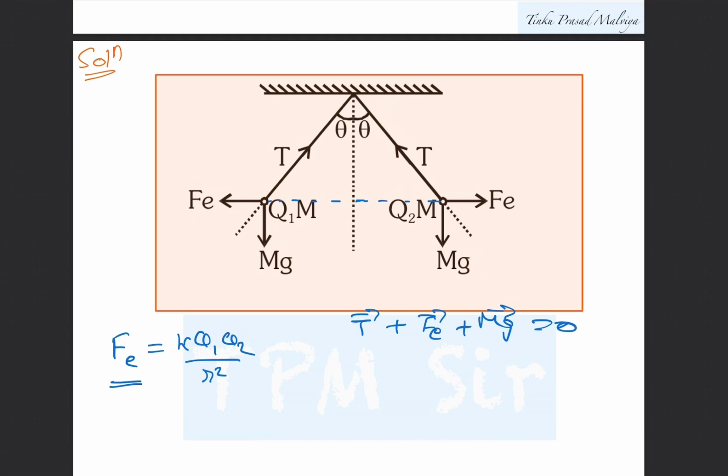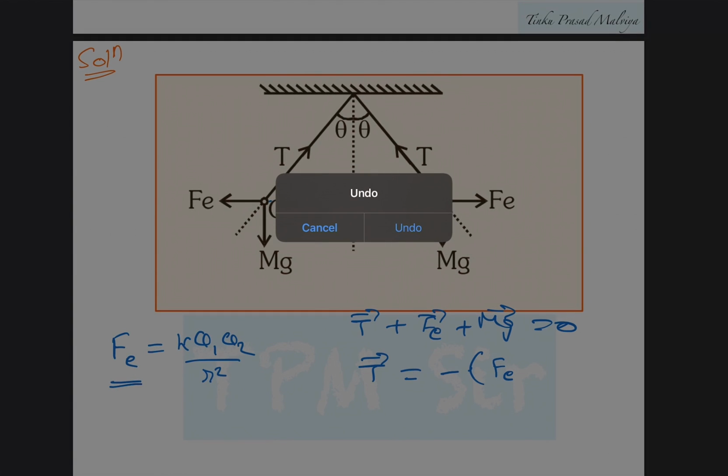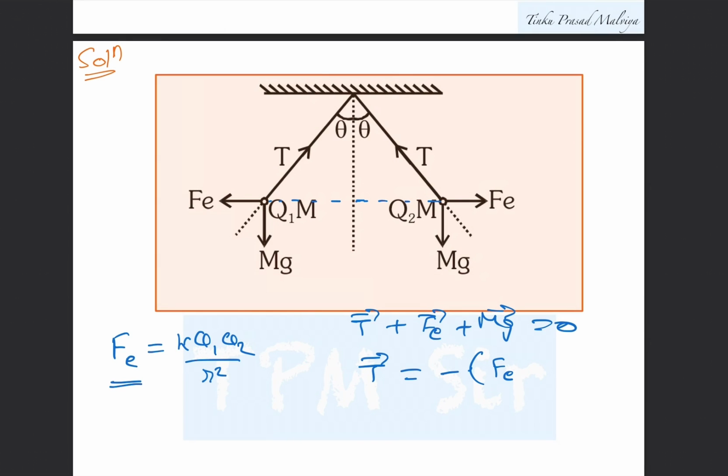Net force is zero. So we can say that tension is balancing the resultant of Fe and mg, and actually it is opposite. So this tension vector is opposite to the resultant of Fe and mg.